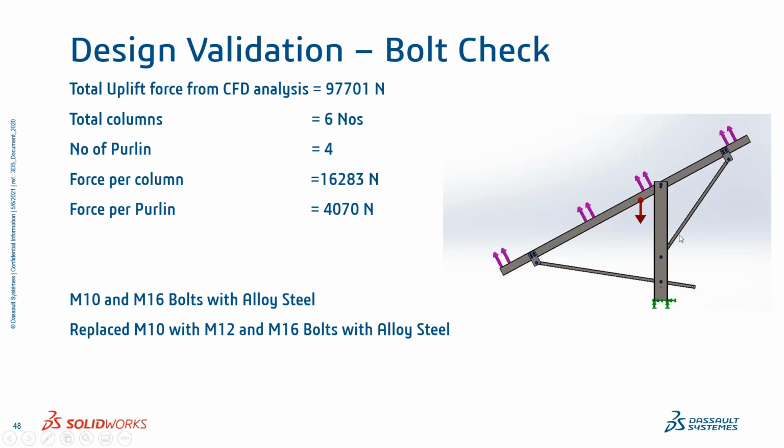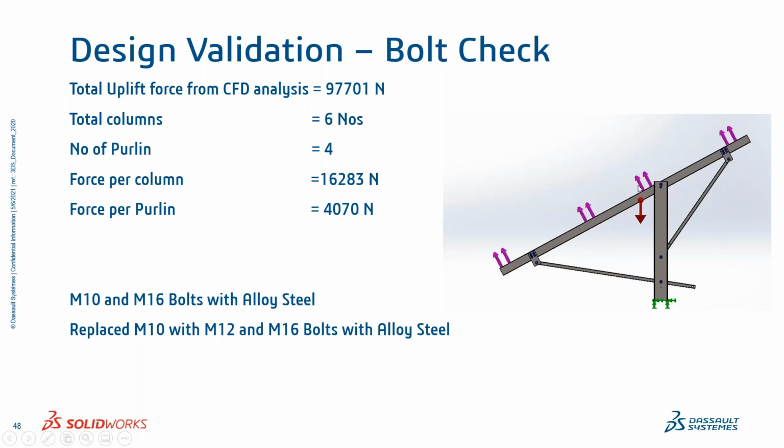There are 6 columns, and the number of purlins, that is horizontal columns, is 4. And if you calculate the force per column and force per purlin, it will come around like this.